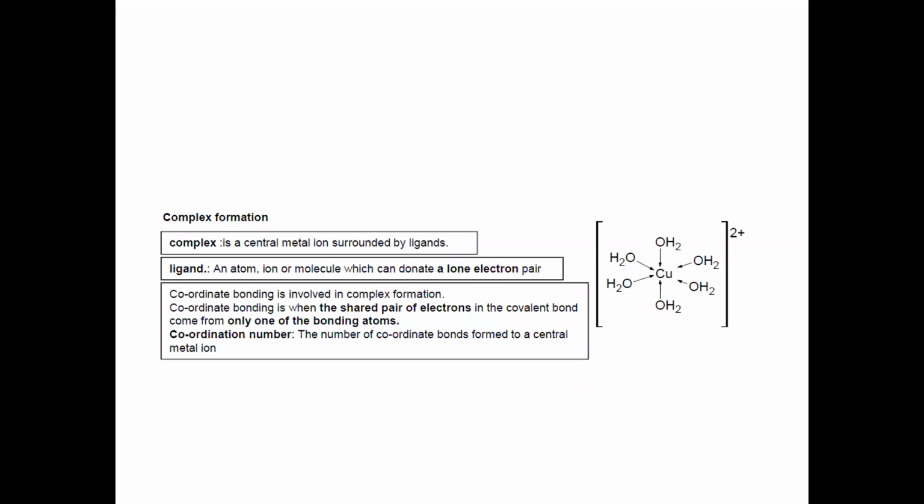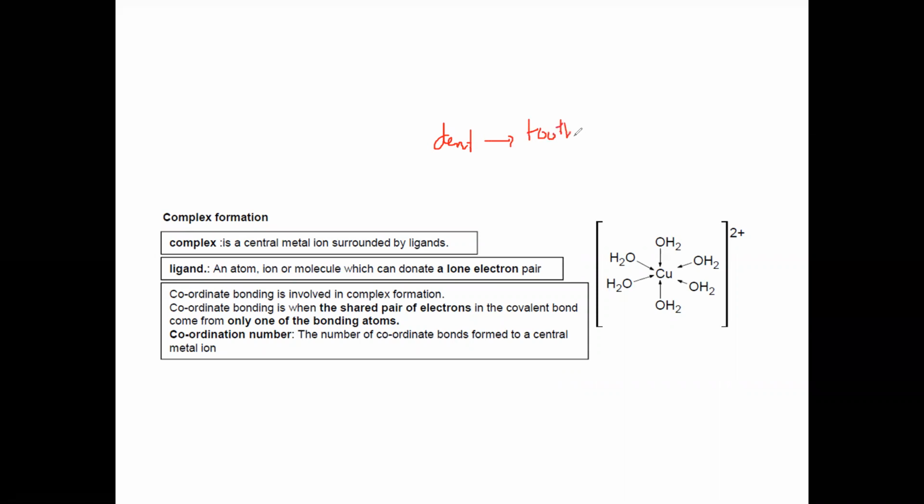These ligands can be monodentate, bidentate, or polydentate. The term dent is for the tooth. So when I say a ligand is monodentate, mono means one.